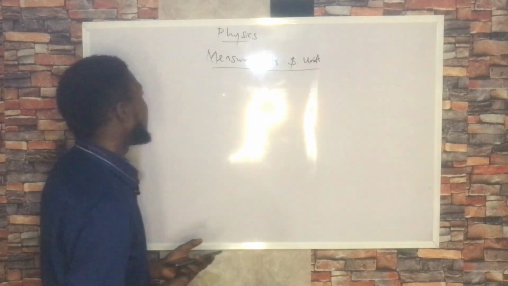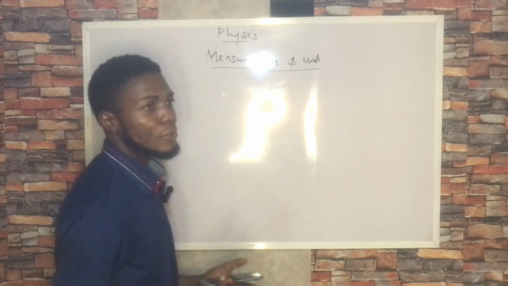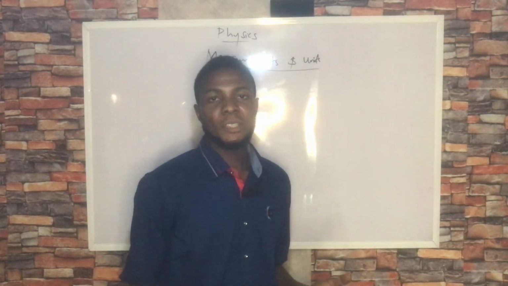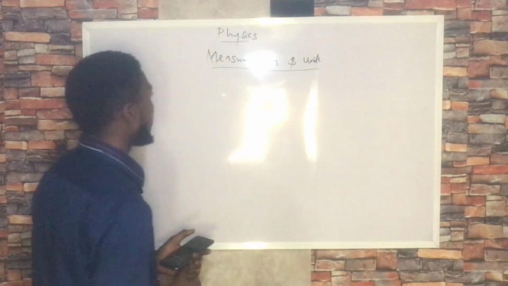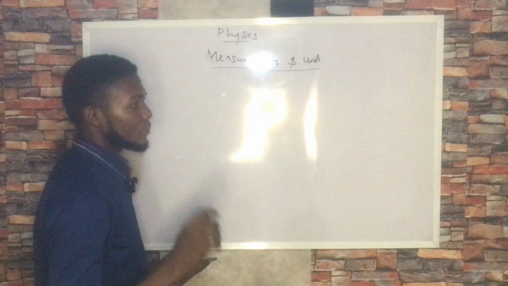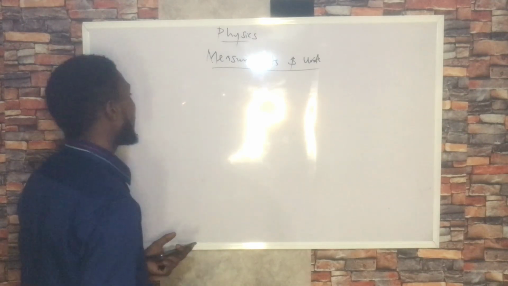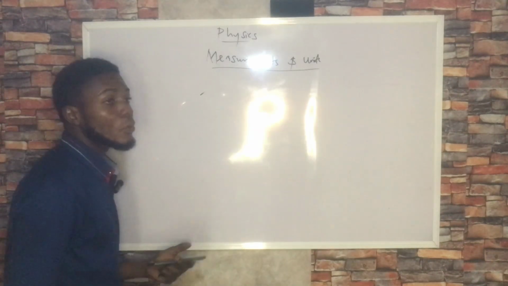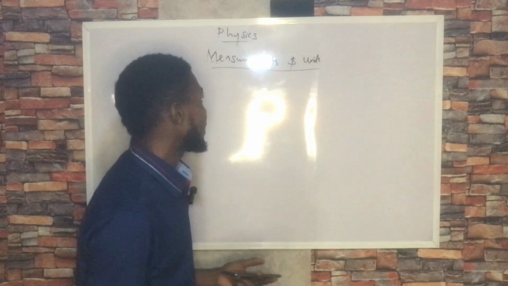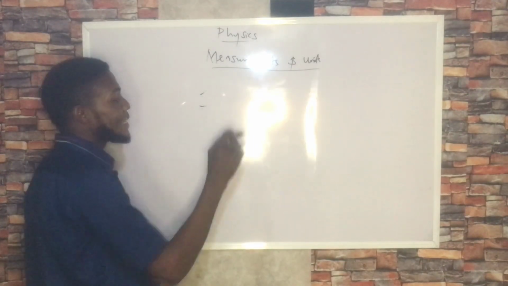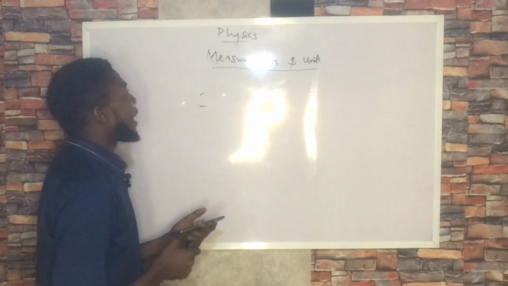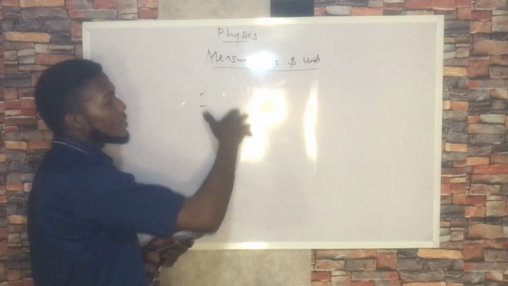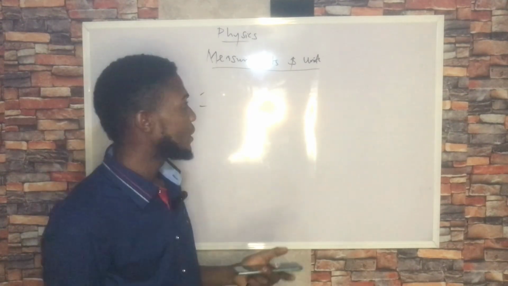So measurements is just the process of assigning numerical value to matter. It can be in the form of volume, in centimeters cubed, or in the form of length, where we use meters, and so on and so forth.